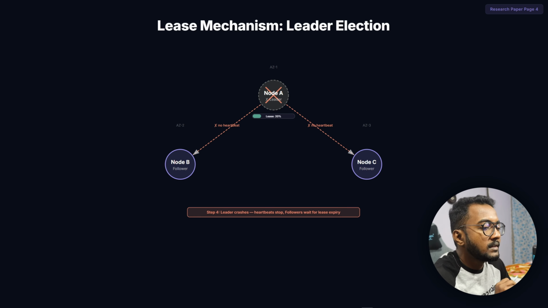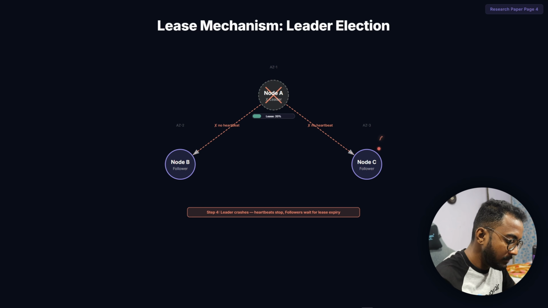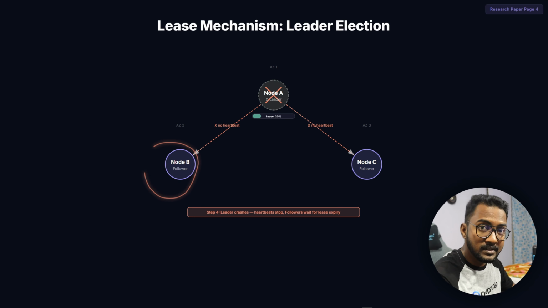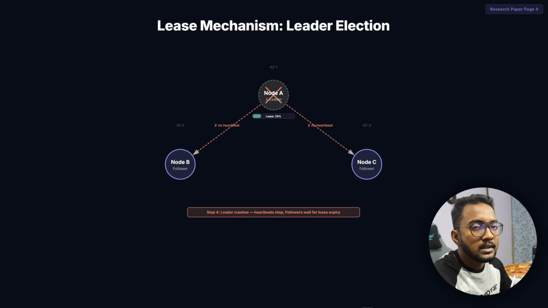If the leader is unhealthy or unavailable, they can propose themselves in a new election. But even if B or C becomes the new leader, they need to wait until the previous lease expires, and only then will they start serving writes or strongly consistent reads.